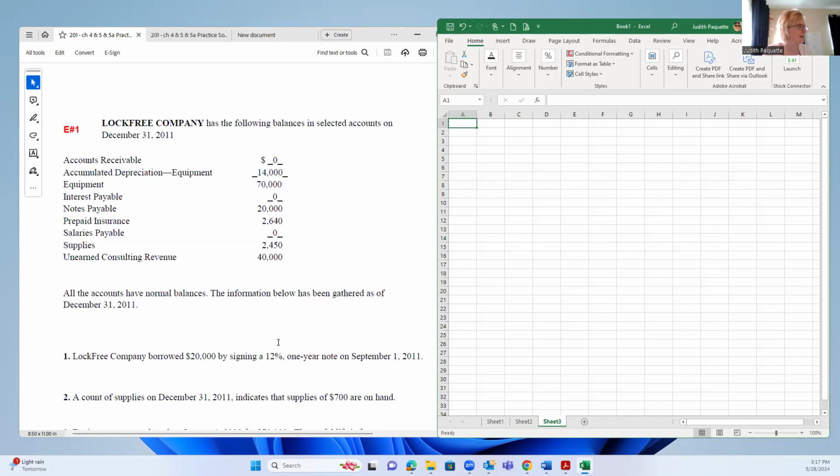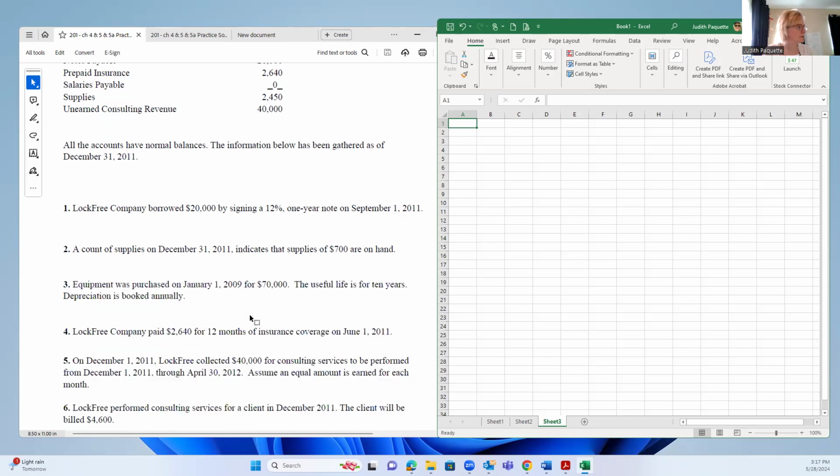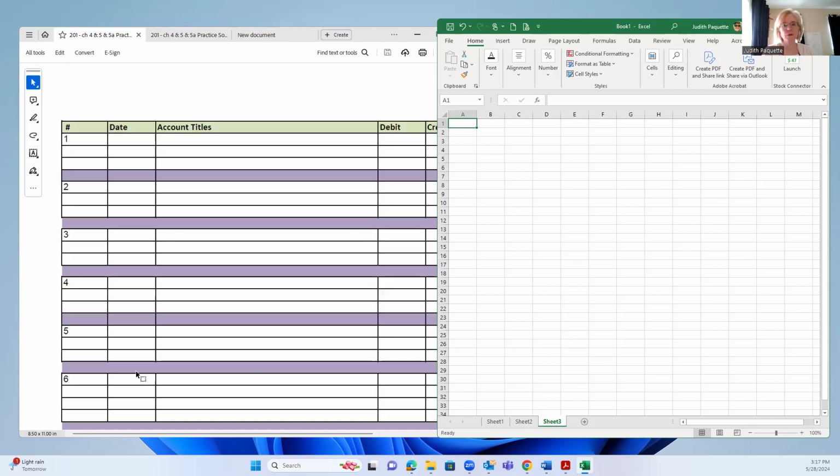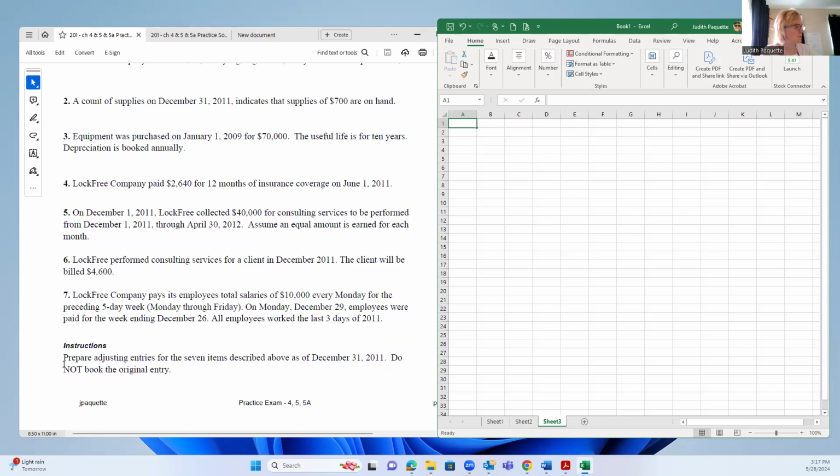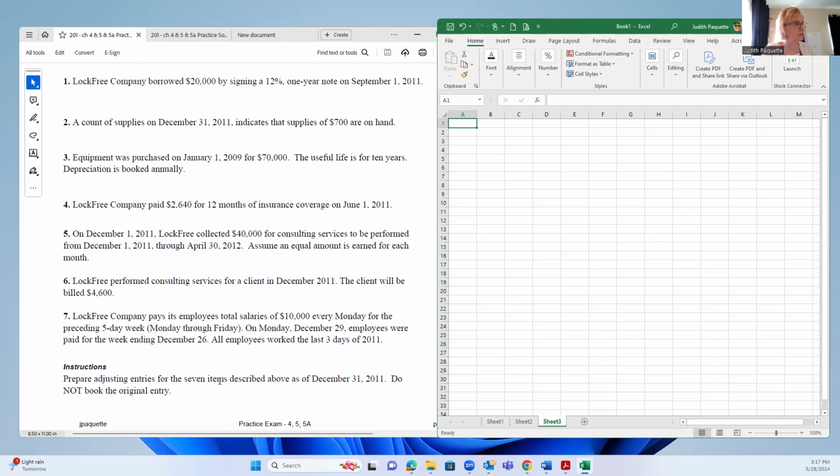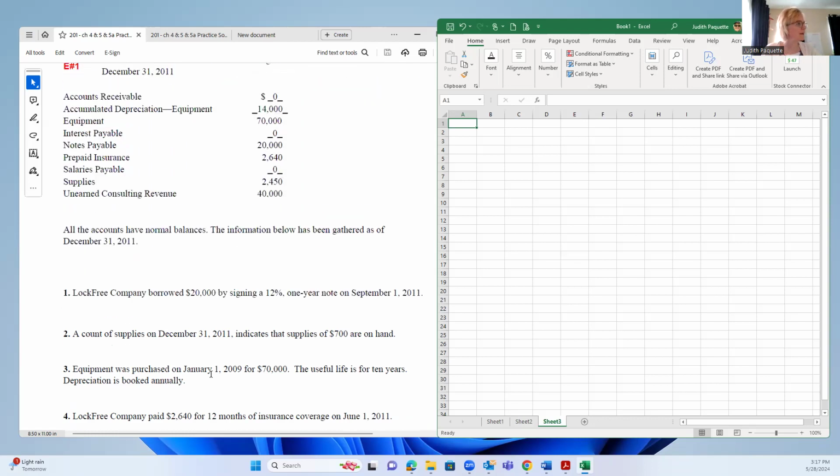Okay. And then the question it asks you is, always read the question first. Prepare adjusting entries for the 7 items as of December 31st. Do not book the original journal entry, because as you can see, the accounts already reflect that 20,000 note payable.